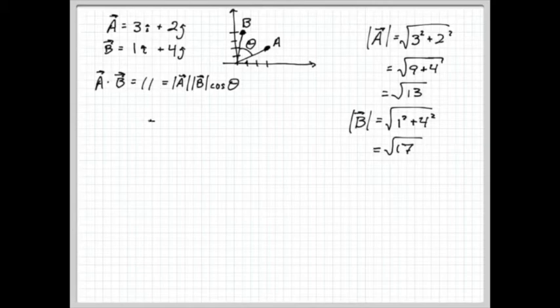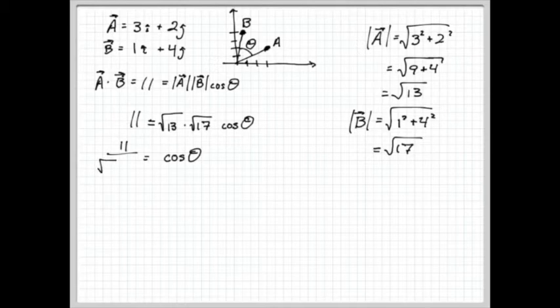Okay, so that means this is equal to the square root of 13 times the square root of 17 cosine of theta, and all that's equal to 11. And so the cosine of theta is equal to 11 divided by the square root of 13 times the square root of 17.